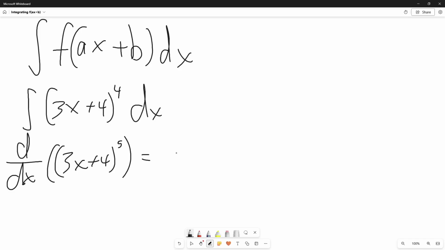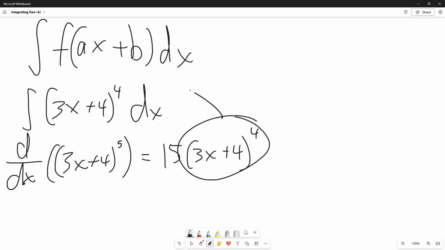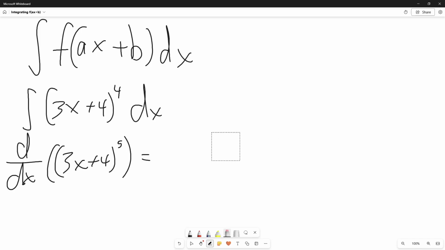So this is going to be 5 times (3x plus 4) to the power of 4 times 3, because chain rule, so 15 times this. And you can see that this is equivalent to this, which is what we want, but we just need to get rid of this 15. And what we can do is, instead of just taking the derivative of this, we take the derivative of this divided by 15.